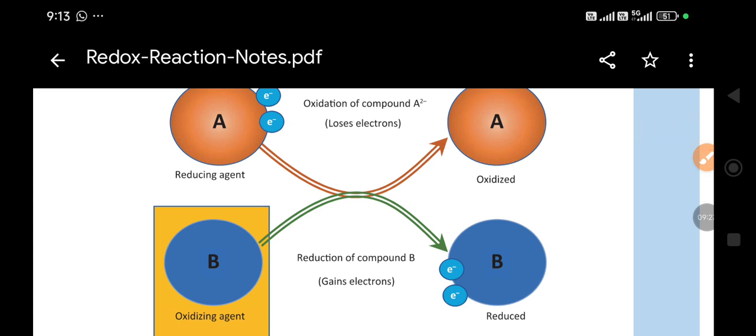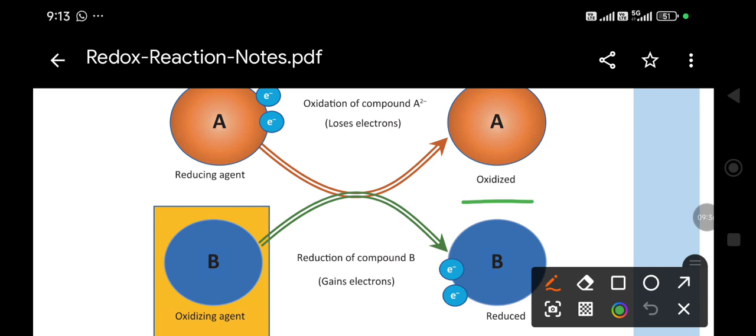The substance which is oxidized is the reducing agent, and the substance which is reduced is the oxidizing agent. So you can see that the oxidizing agent itself gets reduced and the reducing agent itself gets oxidized.